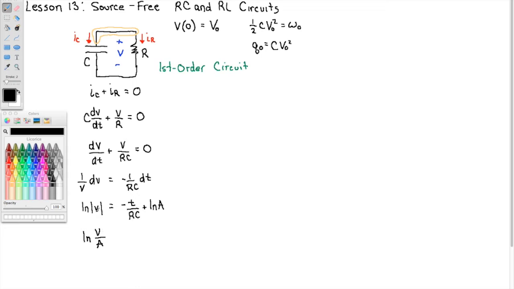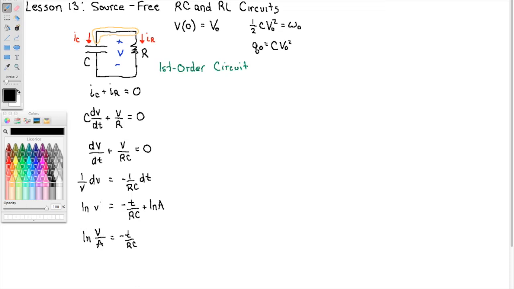Now, I'm actually going to drop the absolute value. The absolute value is just more of a formality. I've got the natural log of V over A equals negative t over RC, right? And again, I'm trying to solve for V.